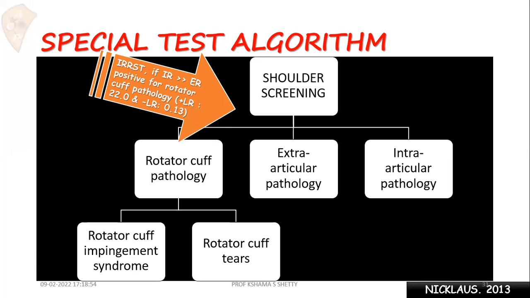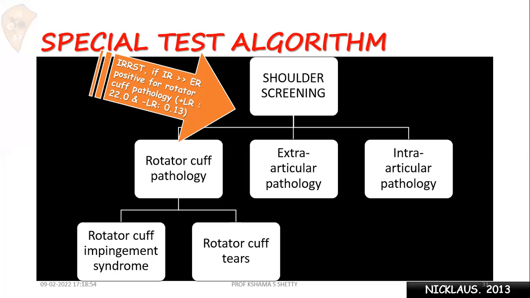If the internal rotation MMT is greater than your external rotation MMT, it indicates that the person has rotator cuff pathology. At the same time, if the external rotation MMT is greater than your internal rotation MMT, that means the person is suffering from either extra-articular pathology or intra-articular pathology. Fine. So you got a clear idea now.